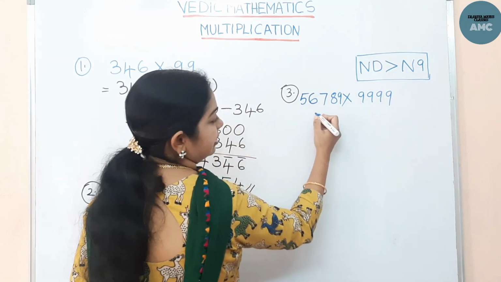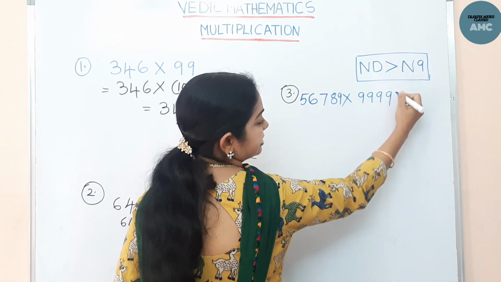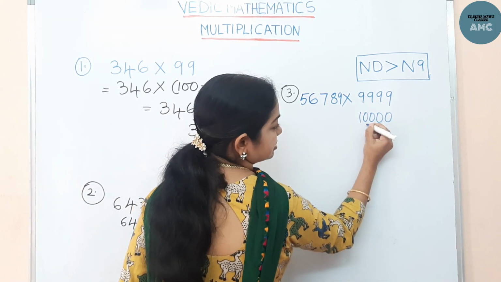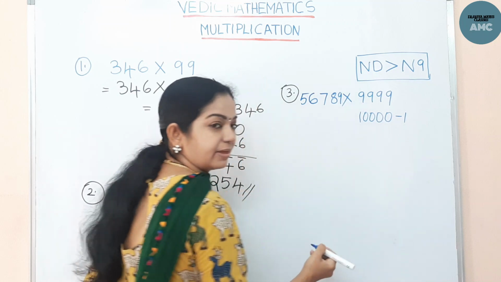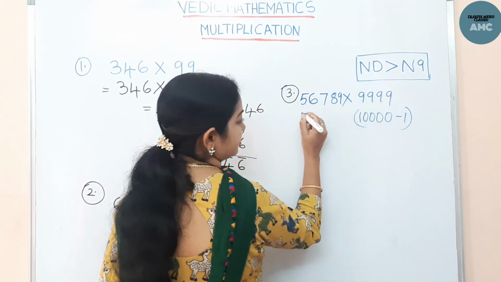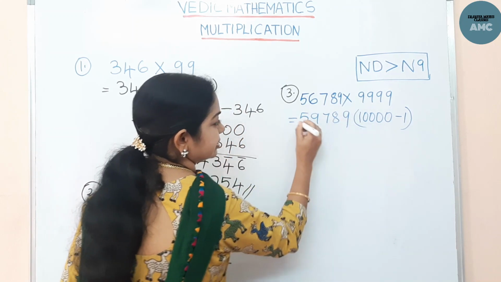Now let's start here. What we have to do, nearing to this tens base, comes to 10,000 minus 1. 4 zeros minus 1 is 4 nines. Now this comes to 6, 5, 6, 7, 8, 9, isn't it?